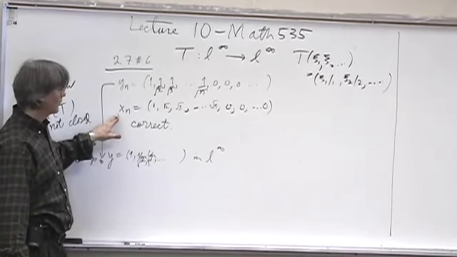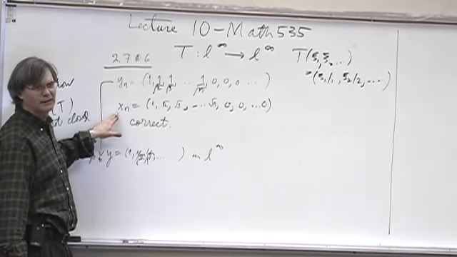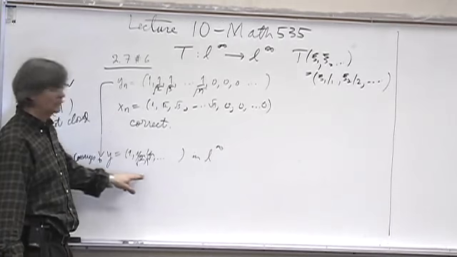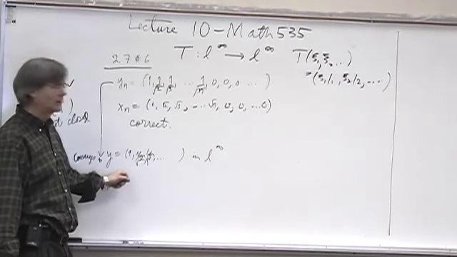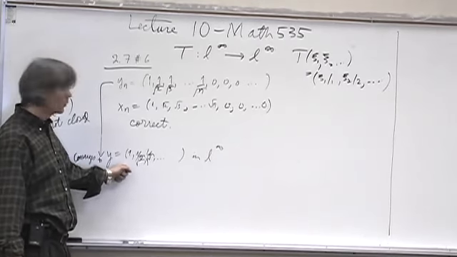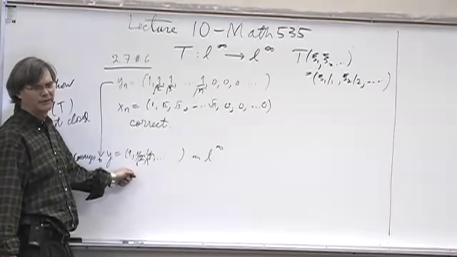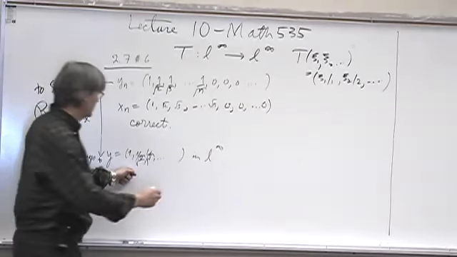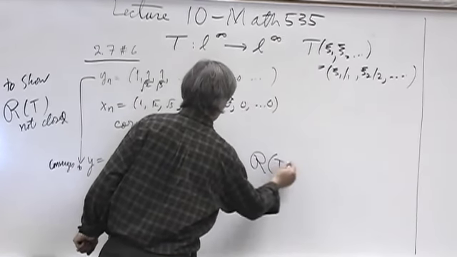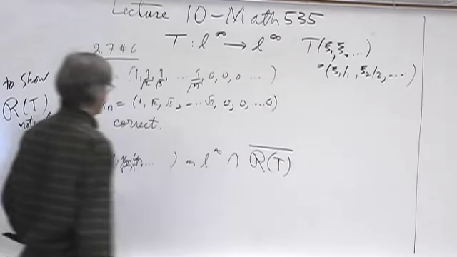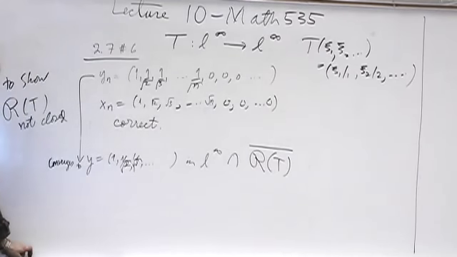Because now there is no x in L infinity that corresponds to this y. So here's a point in the closure of the range, but there's no x that leads to this y.